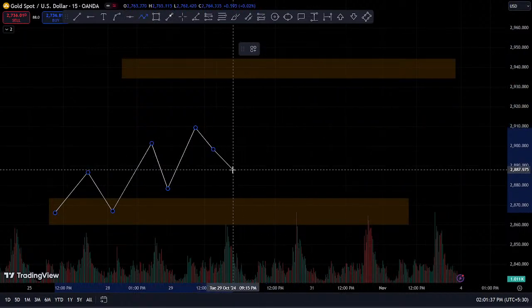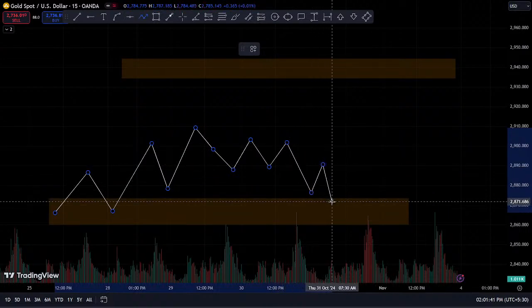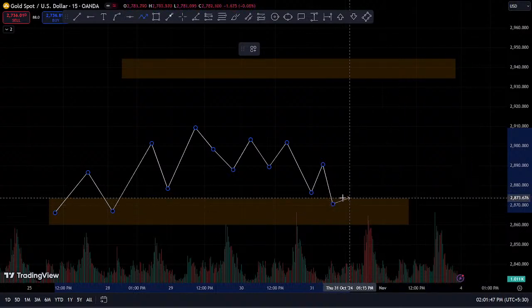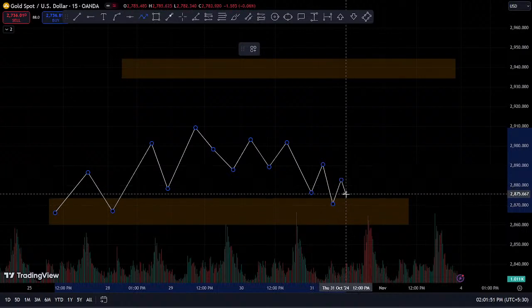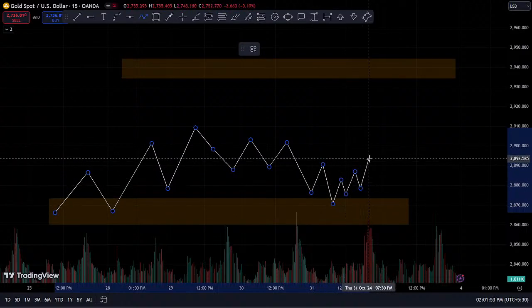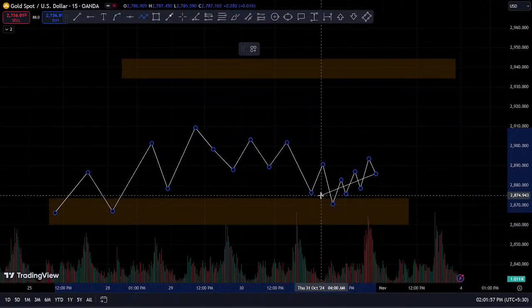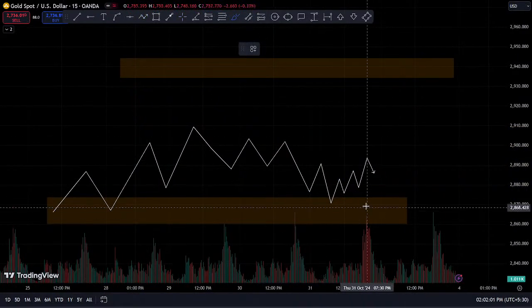So what people do is wait for the price to enter some discount level, which is at 2870. Let's imagine this as our demand zone. What people start to say is price will slowly start to reverse from here, indicating that price has now created a demand.